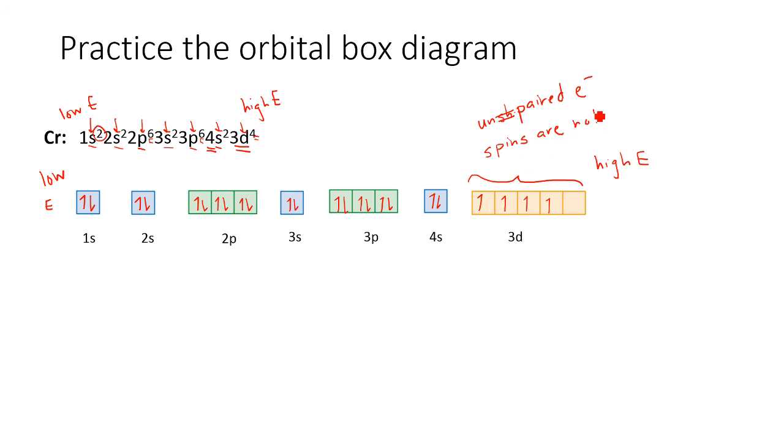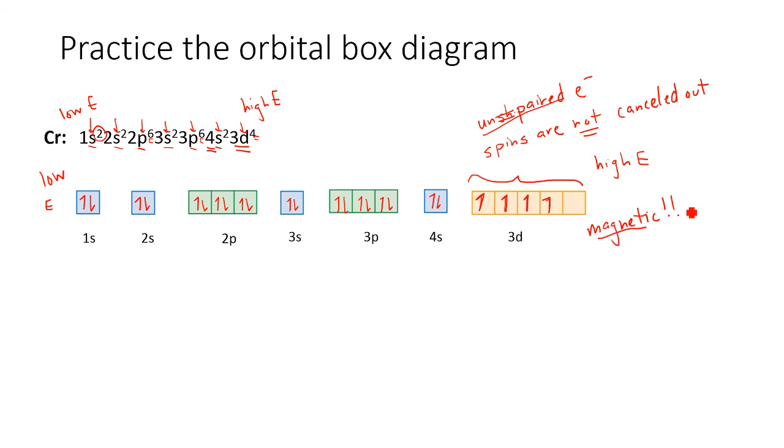Spins are not canceled out. So I have all these tiny little magnets spinning in directions, and all of their little magnetic moments add together, and these unpaired electrons make this chromium atom magnetic. So unpaired electrons make an atom magnetic.